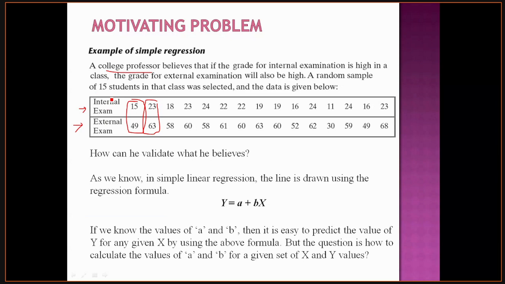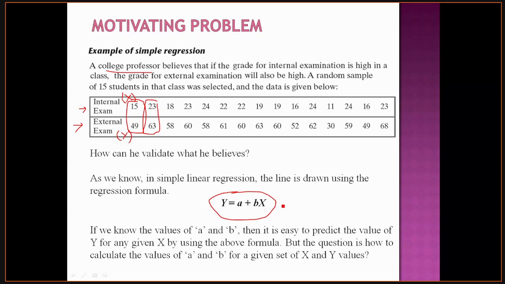So if I consider the internal marks as an independent variable, say x, and the external marks as a dependent variable, say y, I can formulate a linear relationship between x and y. That is the assumption.